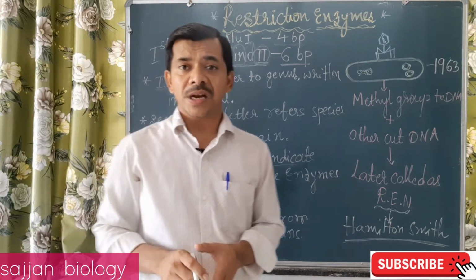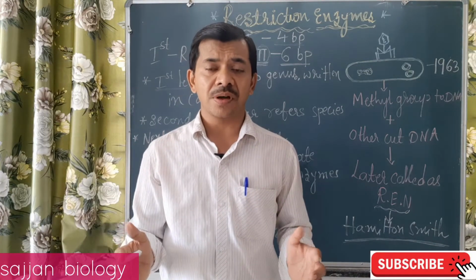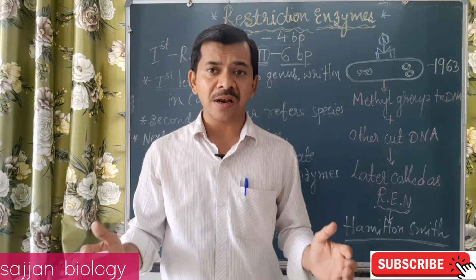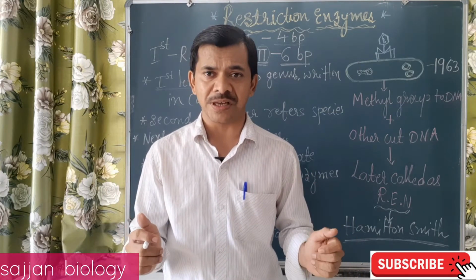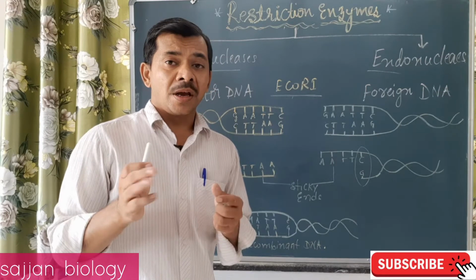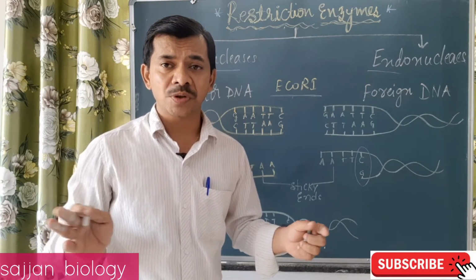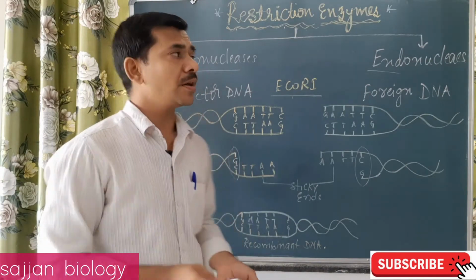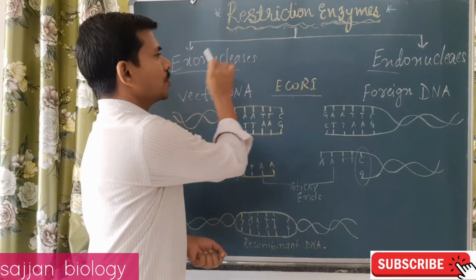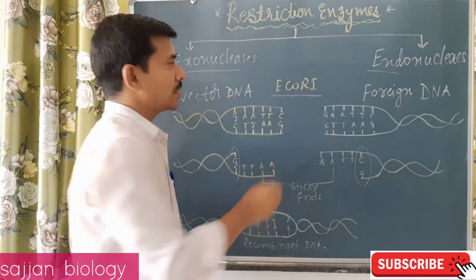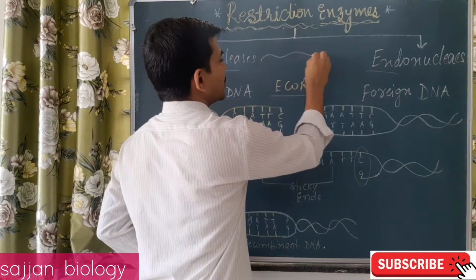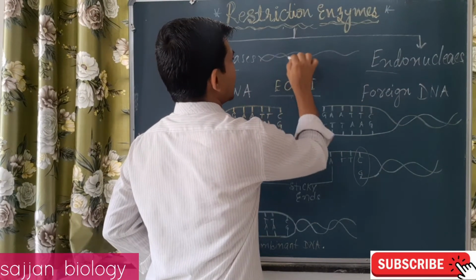Let us discuss the types of restriction endonucleases and the function of these enzymes. Restriction enzymes belong to the larger class of enzymes called nucleases. There are two kinds: exonucleases and endonucleases. Here you see double stranded DNA.